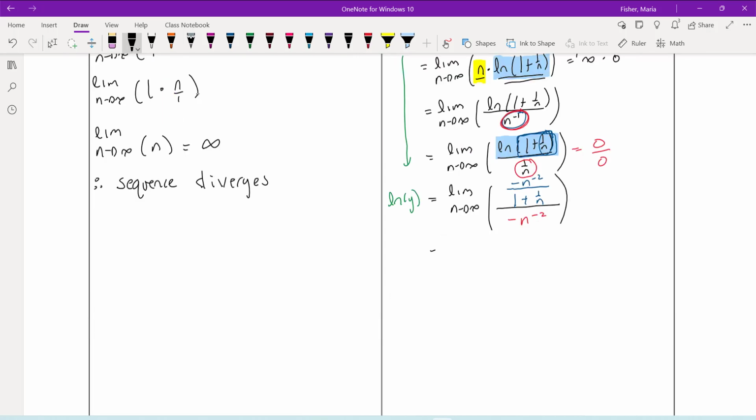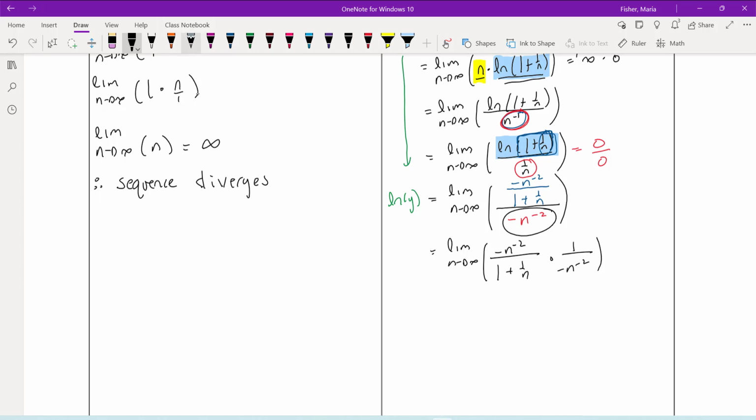If we're trying to clean this up, this is just negative n to the negative second over 1 plus 1 over n, times the reciprocal of this, because if you're dividing by it, you need to multiply by its reciprocal. And the reciprocal of negative n to the negative second, since it doesn't have a denominator, is just 1 over negative n to the negative second.